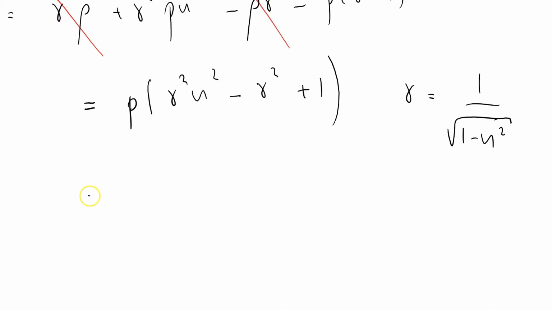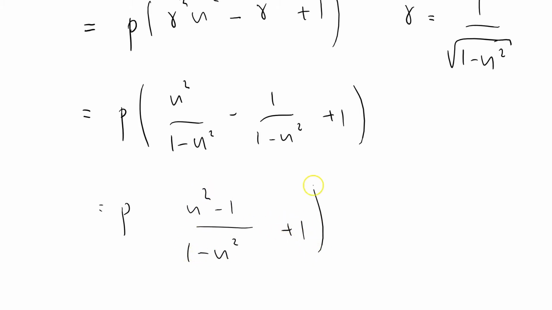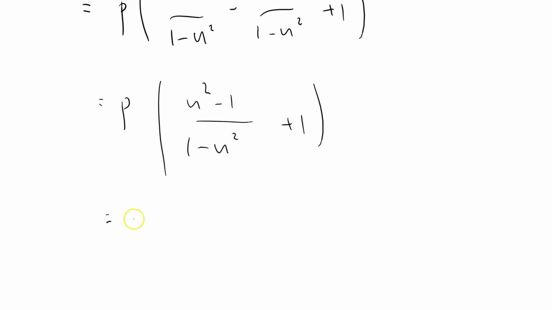So we can substitute for that: equals p into (u squared over 1 minus u squared minus 1 over 1 minus u squared plus 1). And then we do some factorising: p times (1 minus u squared over 1 minus u squared, minus 1, plus 1) equals p times (minus 1 plus 1) equals 0.